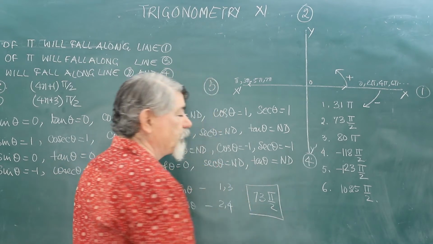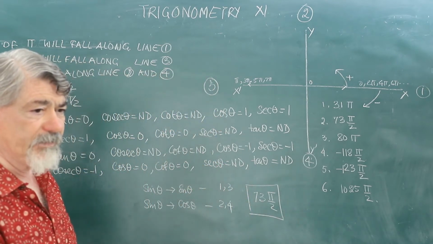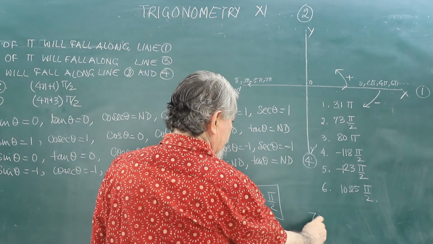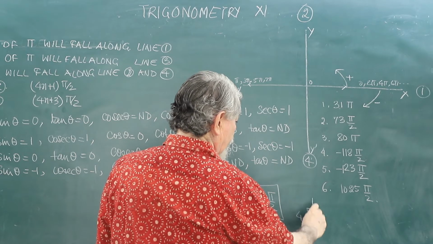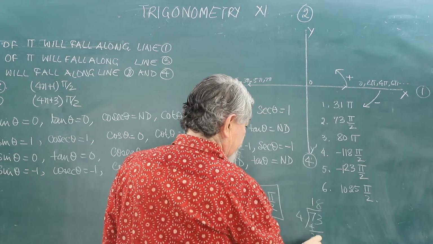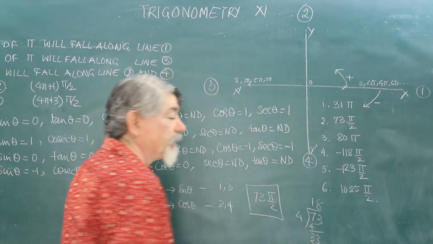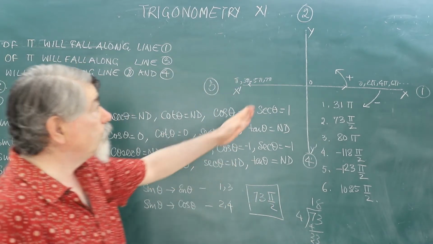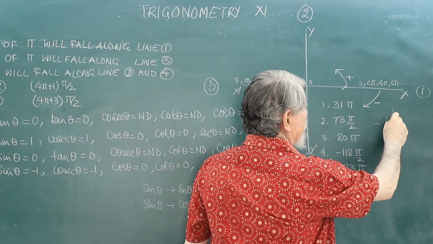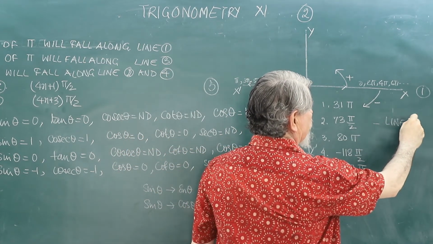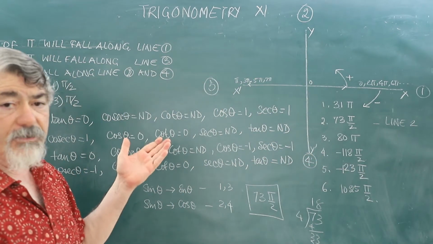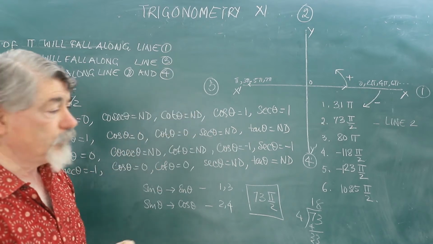You get one remainder. 4 ones are 4, then 33, 4 eights are 32. So your remainder is 1. So it is going to fall along line 2, and you can find out the value from there.